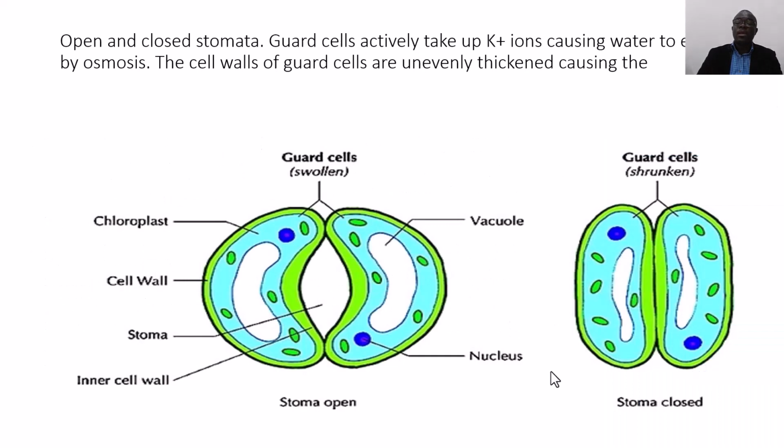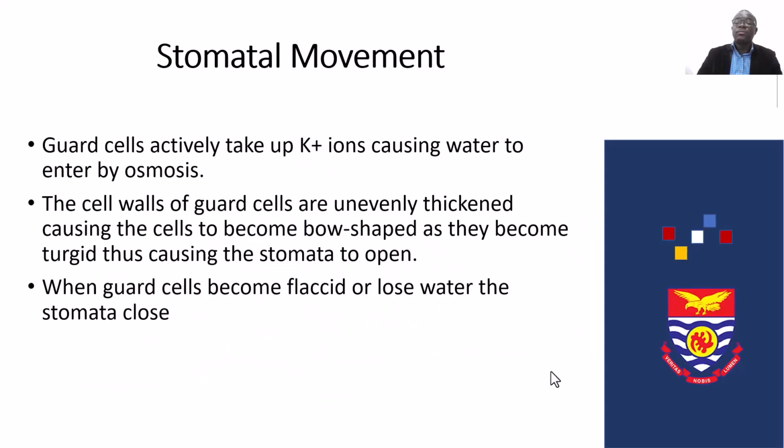Here we have an open and a closed stoma being compared, whereby the guard cells actively take up potassium ions, causing water to enter by osmosis.